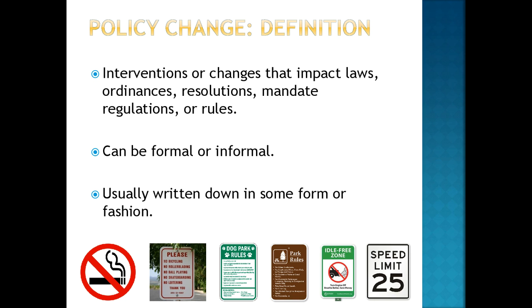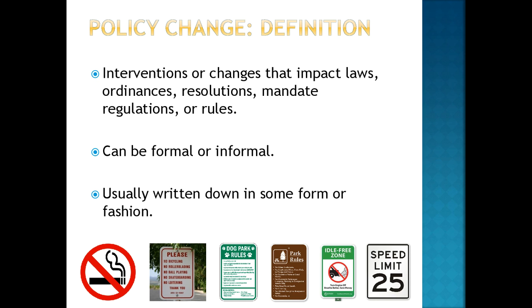We always talk about making sure these things are sustainable, and part of that is having it written down so that should there be a change in leadership or a change in ownership, those policies remain in place. Whereas if you have an informal policy, it's a lot easier to change.